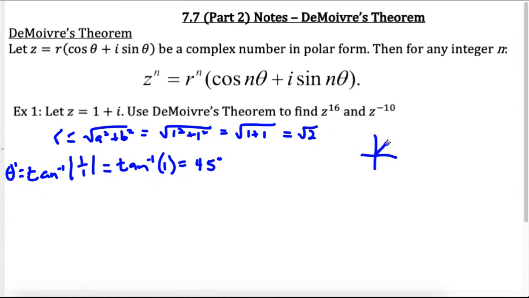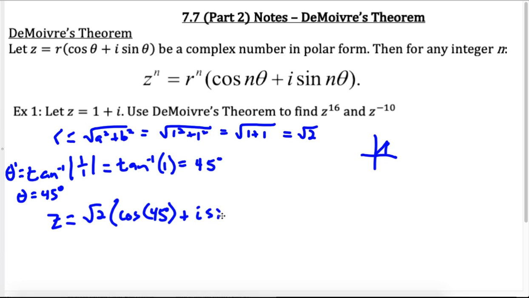So that actually means that this angle here will be 45 degrees. The reference angle and our actual angle end up being the same thing here. So my complex number is this. All right, so now I can raise this to a power.